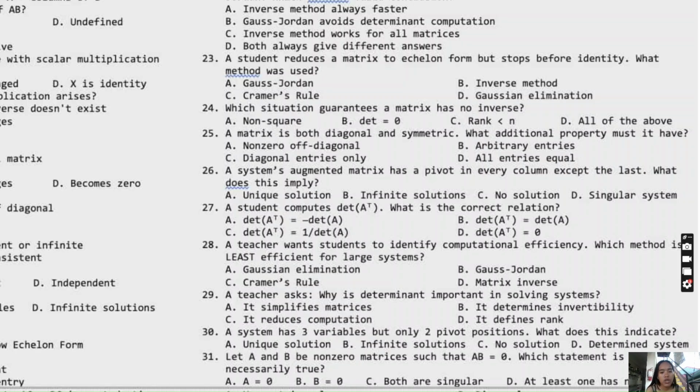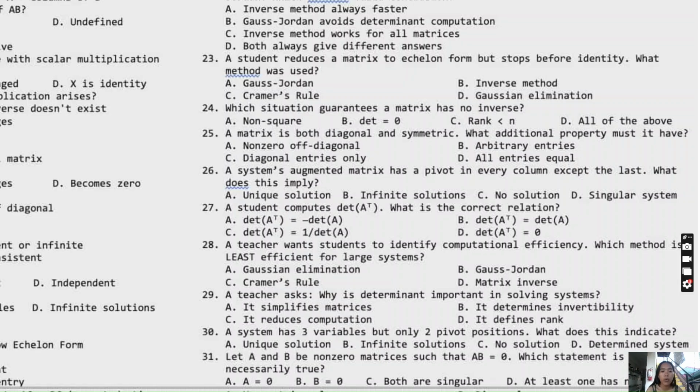The question goes: let A and B be non-zero matrices such that AB is equal to 0. Which statement is necessarily true? The answer is letter D, at least one has no inverse. This is an important concept in linear algebra.